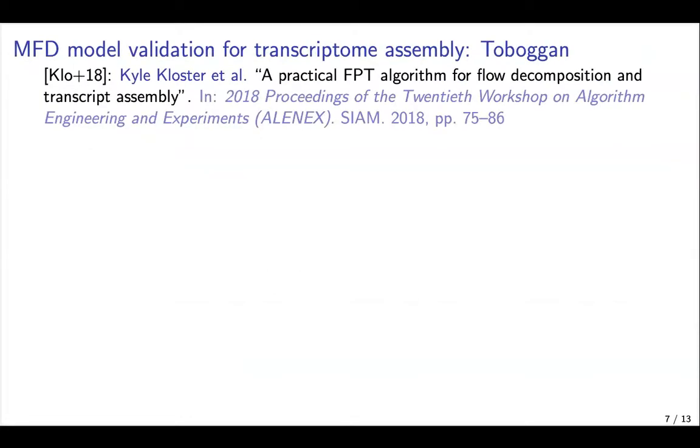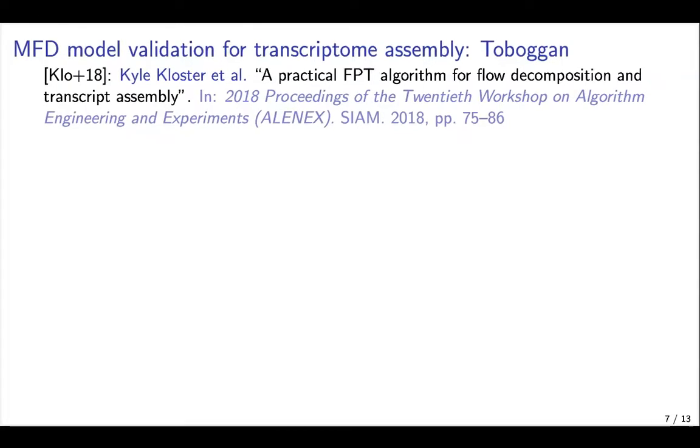All right. One of the primary inspirations for this particular work is a 2018 publication where the authors also noticed that MFD was a common subroutine in transcript assembly techniques, but since the problem is NP-hard, it was only ever solved using heuristics, meaning that we didn't really know if the tools were doing well or poorly because MFD was a good or bad model, or for some other reason.